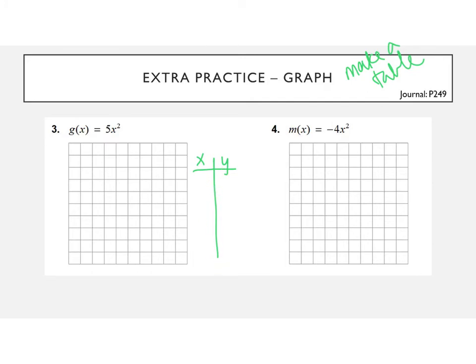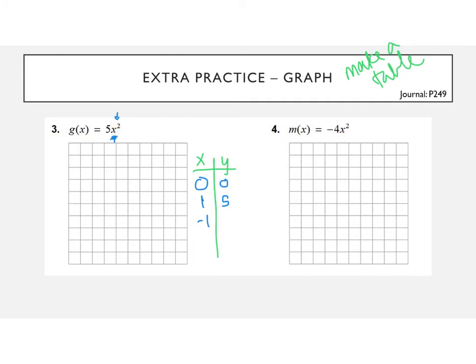So for example, let's say my first x is 0. If I put 0 in right here, following your order of operations, so you're going to square first. 0 squared is 0 times 5, still 0. Then maybe I put in 1. So put in 1 for this x. 1 squared is 1 times 5 is 5. Can't forget about negatives, so let me do -1. When you put -1 in for this x, that is -1 squared.